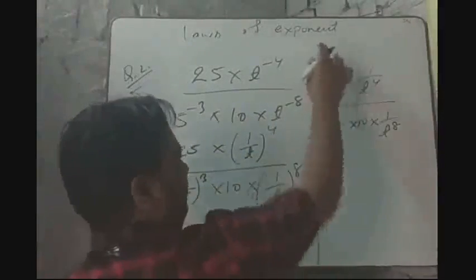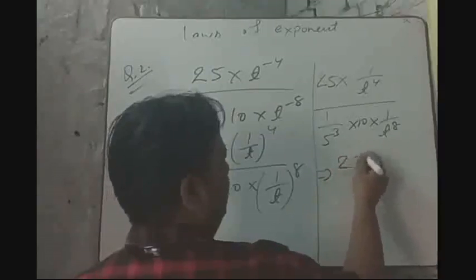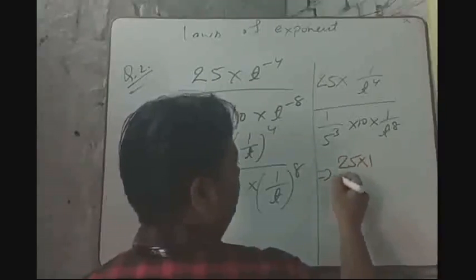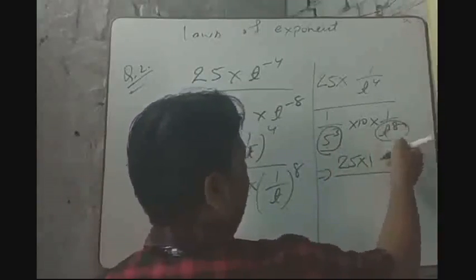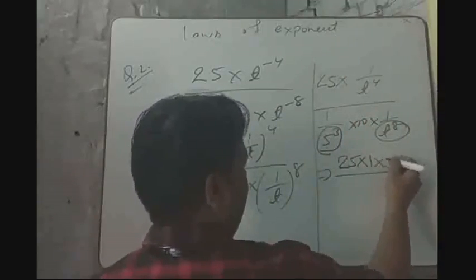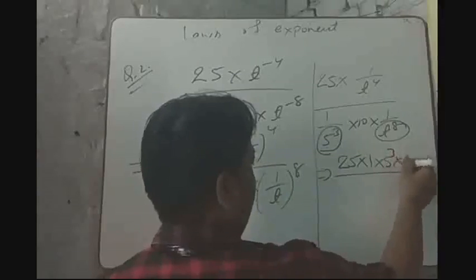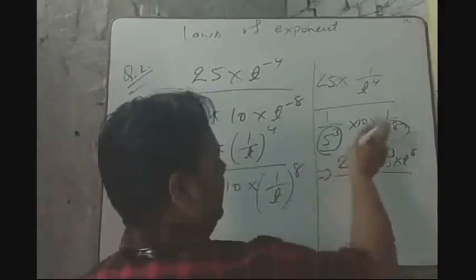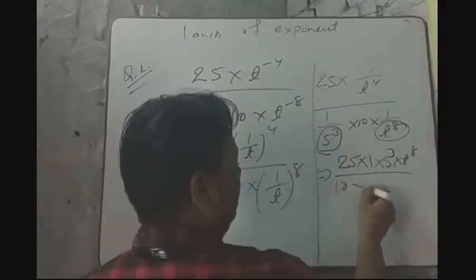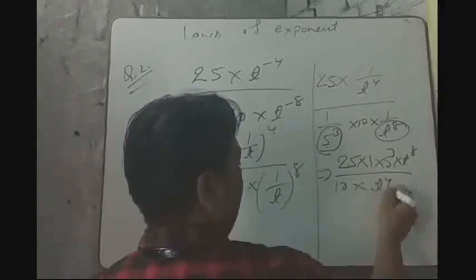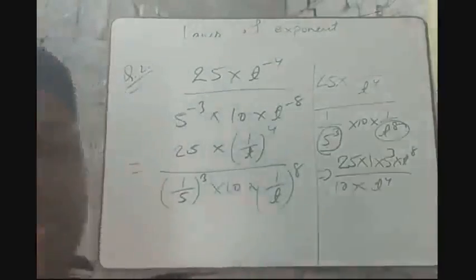That is, we will write 25 into 1, and 5 cube and t to the power 3 will go upside. We will write 5 cube and t to the power 3 upside, and here in the downside we will write 10 only and t to the power 4. Okay.